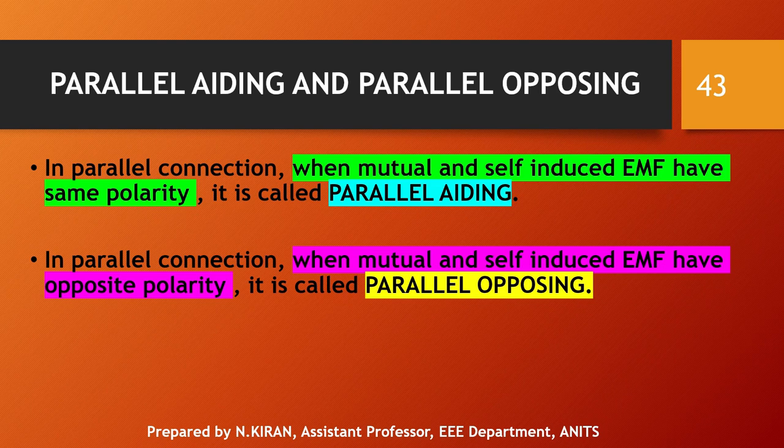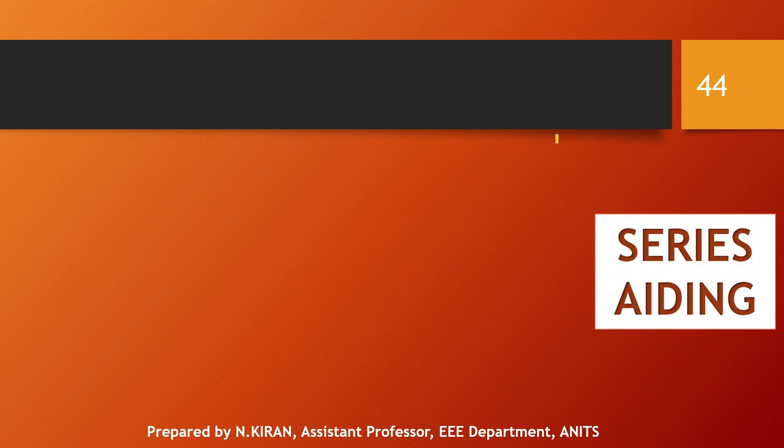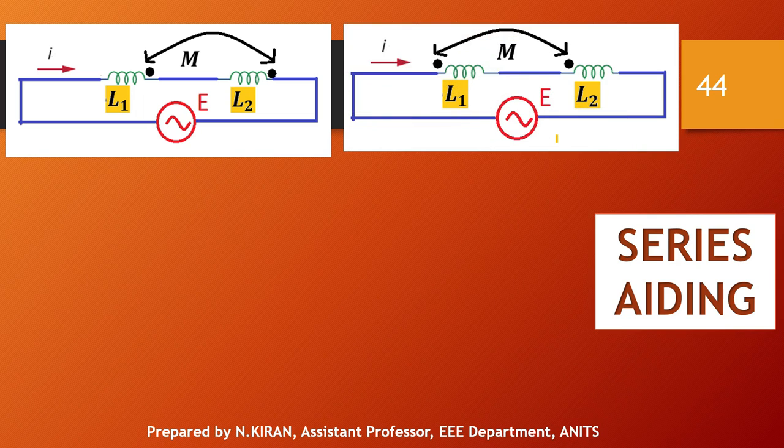Now let us derive the expressions for equivalent inductance in all the four cases. First, let us consider series aiding. If I observe these two circuits carefully, in the first circuit the current is leaving at the dotted terminal in the first coil as well as in the second coil.